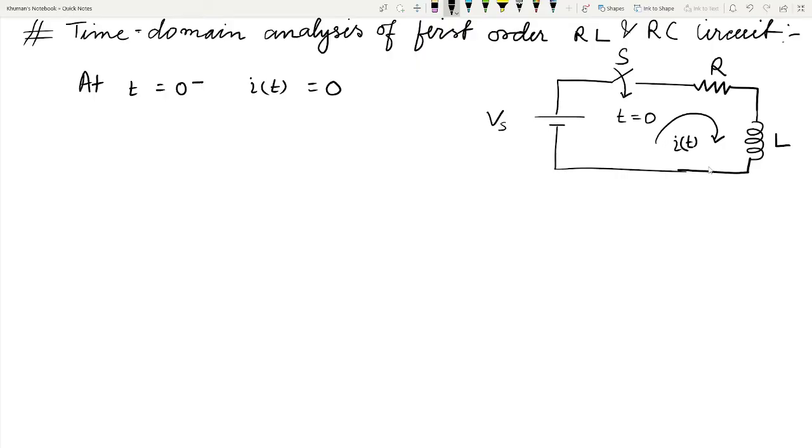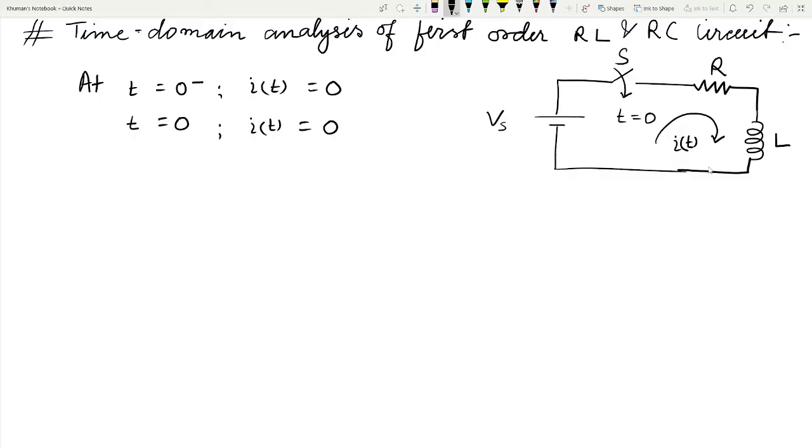Because of the inductor, there cannot be a sudden change of the current. That's why at time t equal to 0 also the current will be equal to 0 only.